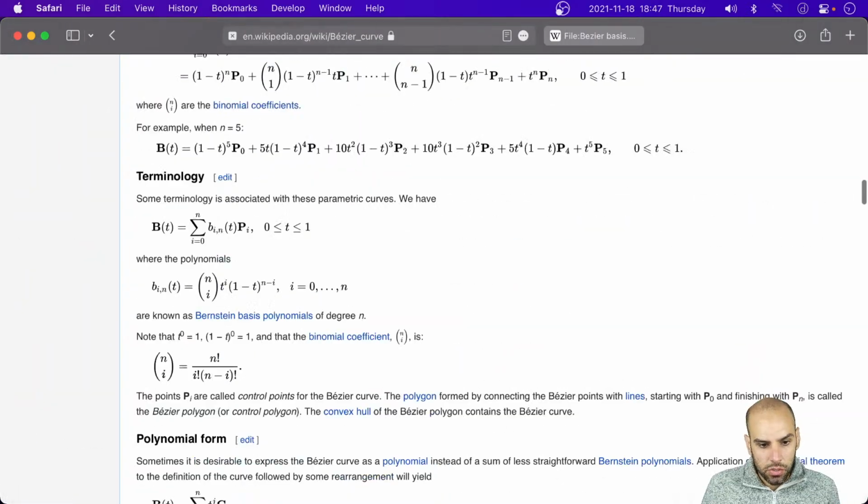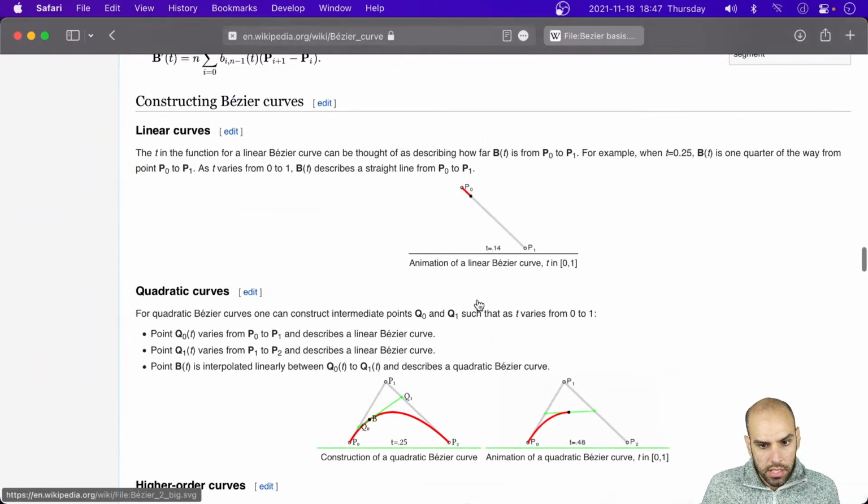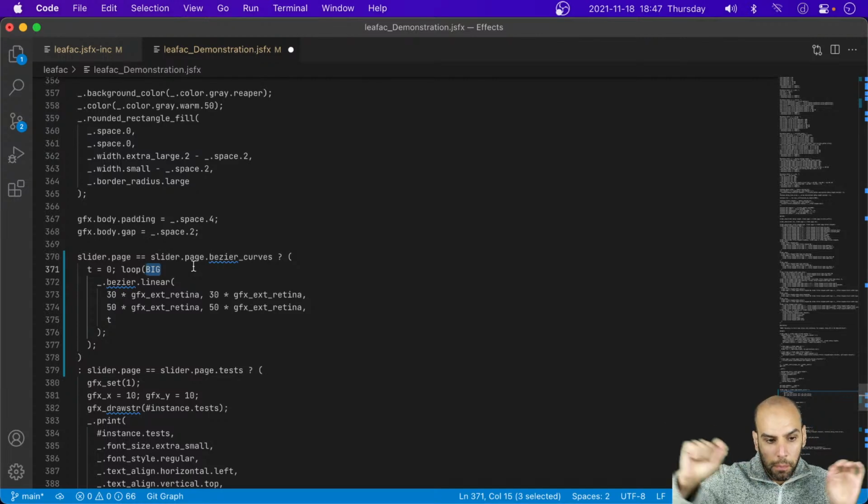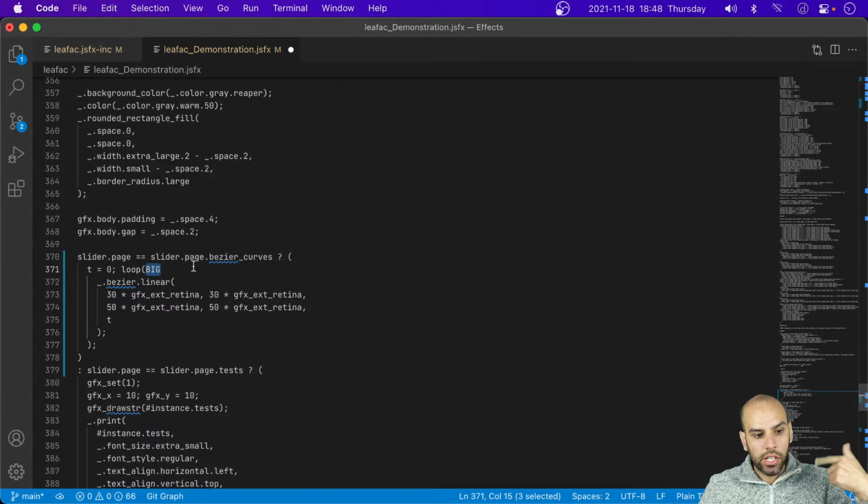All right, so let's do this t, and when drawing the Bezier curve, I need to come up with a number of times I'm going to loop for. And I could be smart and try to detect the length of the curve or something like that. If the points in the curve are distant, then I need more iterations to actually draw something smooth.